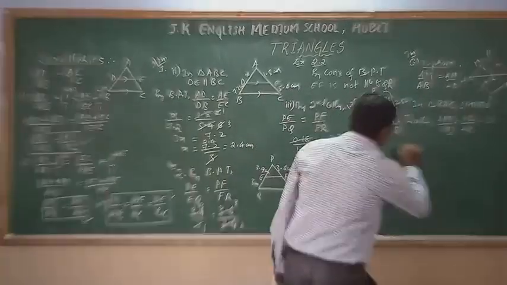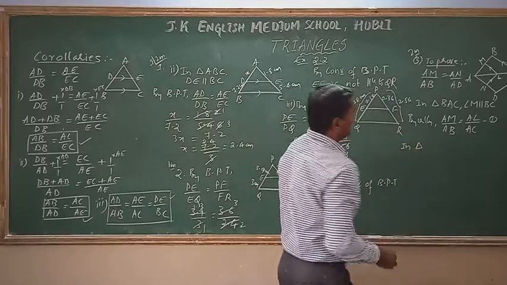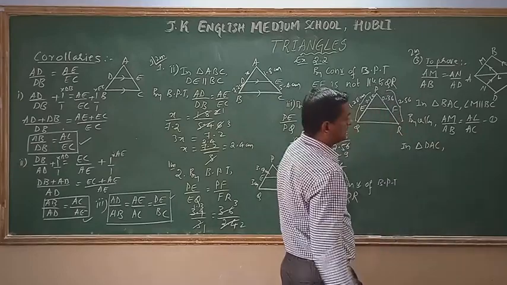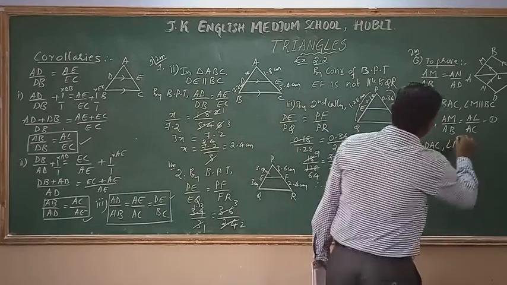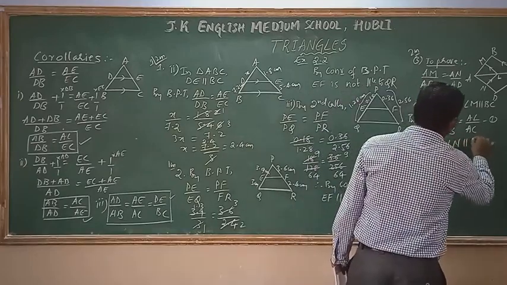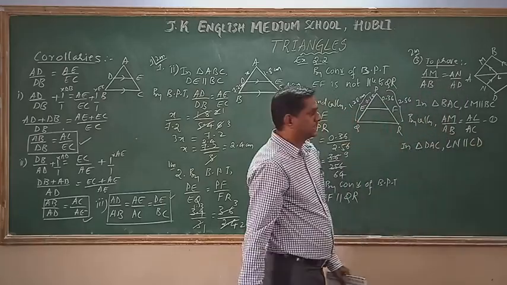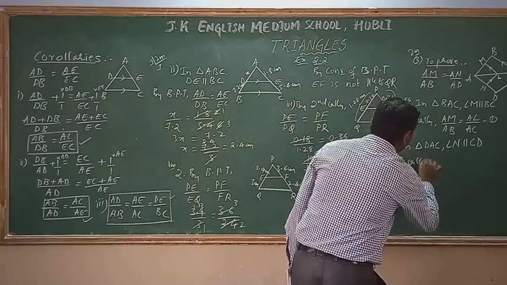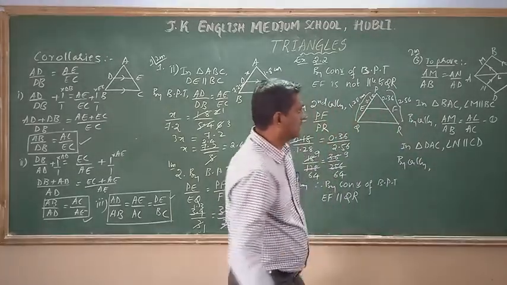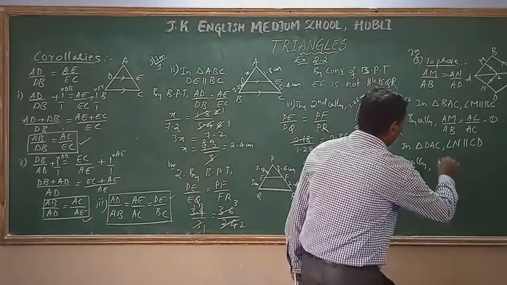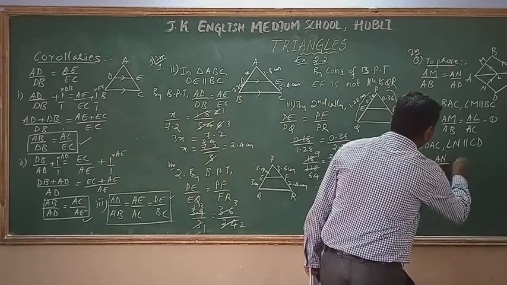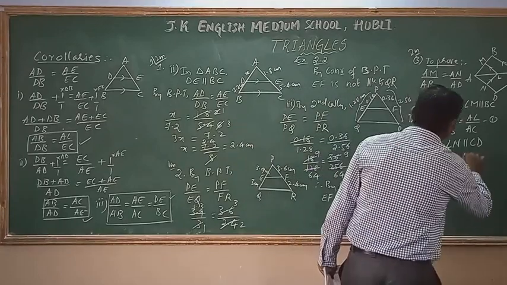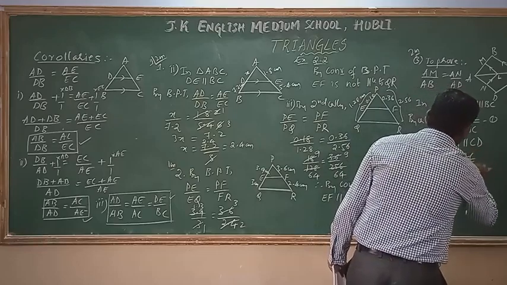Then one more triangle, triangle DAC. Here LN is parallel to CD. So again by the corollary, let us write down: AN upon AD is equal to AN upon AC.